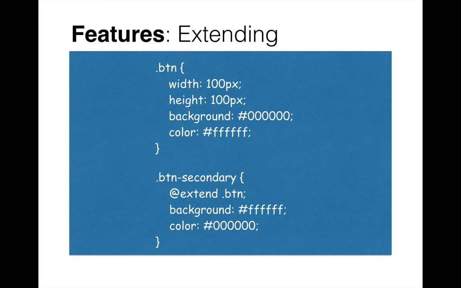And you do that by using arroba extend, and then the name of the parent class. In this secondary button, you will get all the attributes of the main button, but the change you need to make is just the background color and the color of the text.